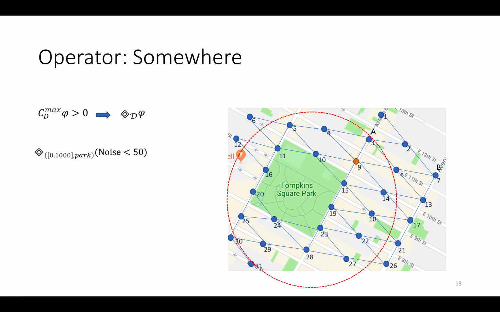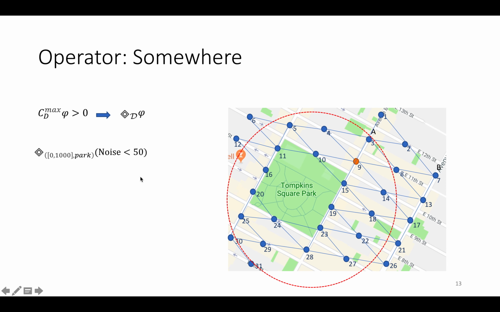And the second one, we can derive a somewhere operator. That's when, also for the counting operator, the max value is larger than 0, which also means that at least one node within this range should satisfy it.